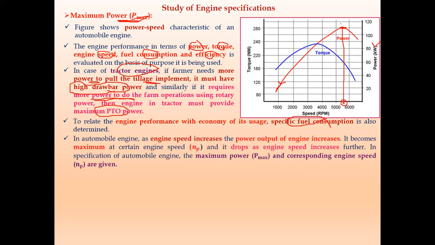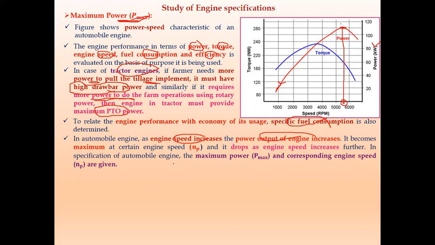So in an automobile engine, if you see in this figure, as engine speed increases, the power output of the engine gets increased. So from, say, here it is 800 to 5000, or we can say 5500, the power gets increased.